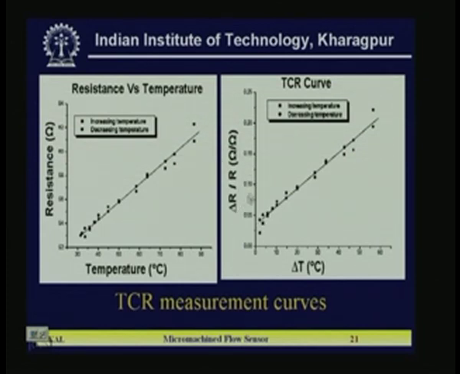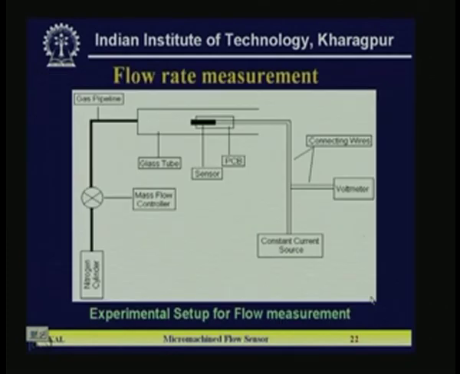If you take the delta R by R ratio against the change of temperature with respect to the ambient, delta T, it is also a straight line, and from there you can easily calculate the alpha value, which is obtained as 0.006064.